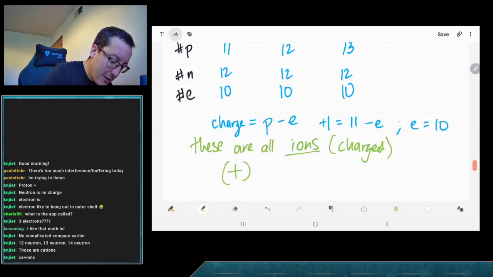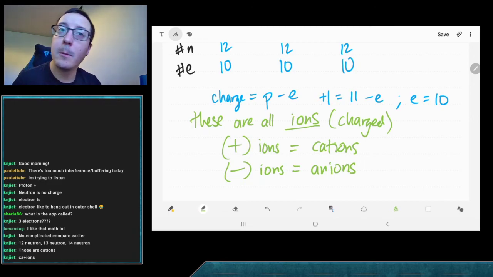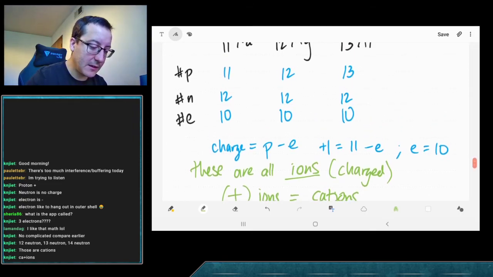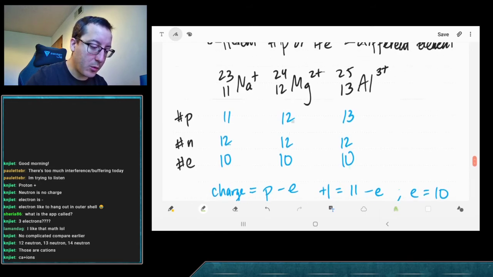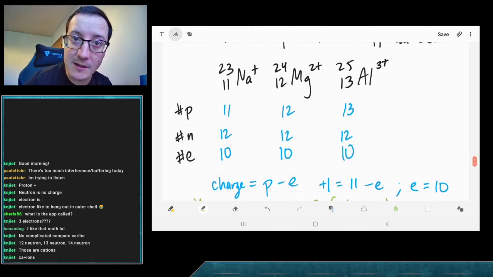Positive ions are going to be called cations, and negative ions are called anions. So just vocabulary there. And if we look at these, we're going to see that the number of protons was changing, but not the number of electrons in this particular case.